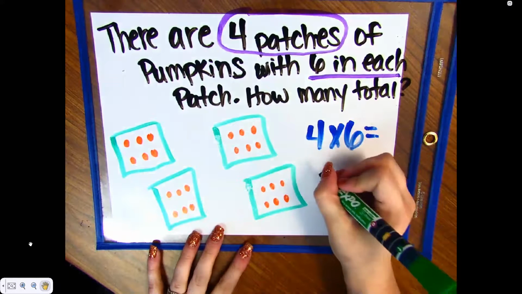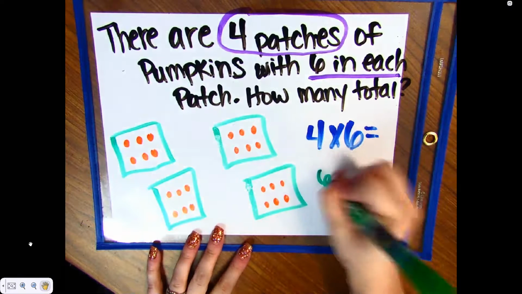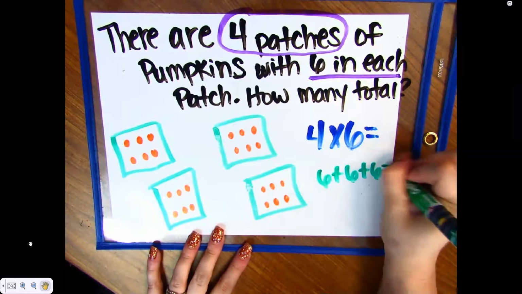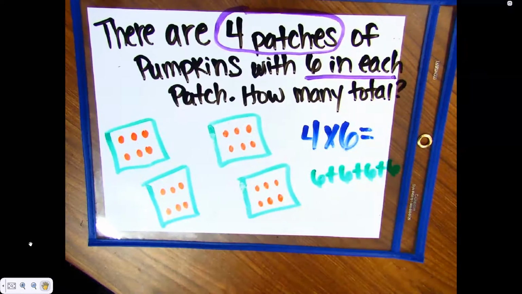So Emily, how many times do I need to write 6? 4. I'm gonna write 6 plus 6 plus 6 plus 6. Okay, so now that I've done 6 plus 6 plus 6 plus 6, now what do I need to do? equals.